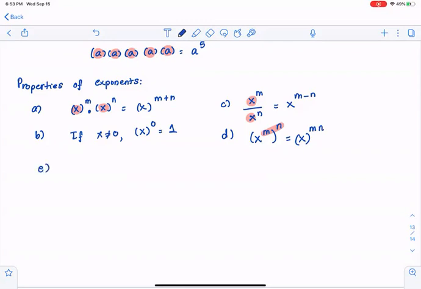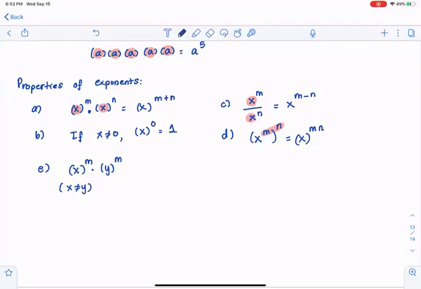Another important case is when you have different bases but identical powers. So the x and y are different numbers. So I should probably write that x is not equal to y.